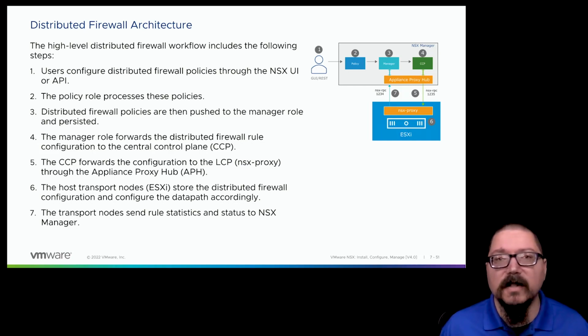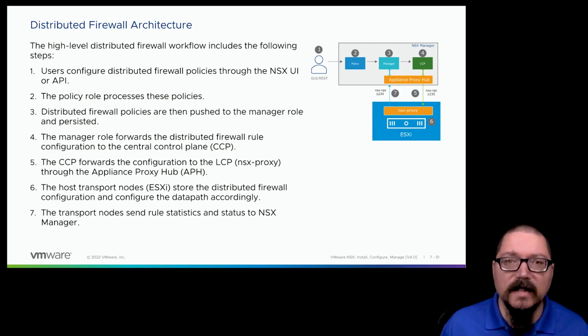So when we publish a firewall rule change, that rule change is going to go through the policy role. Policy will go ahead and program that, hand that off to manager. Manager will make sure we have all of the imperative configuration steps to send off to the central control plane. The central control plane, by way of the appliance proxy hub, will send to the local control plane, or NSX proxy, on the transport node.